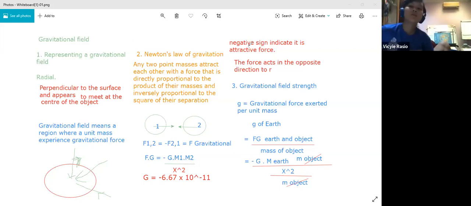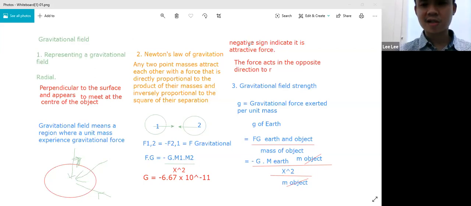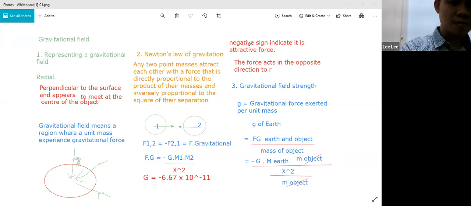So I wrote a statement, the red one: the force acts in the opposite direction to r. What does it mean? Imagine at first I have an object staying at the blue marking. Then I move this object to another blue marking here.